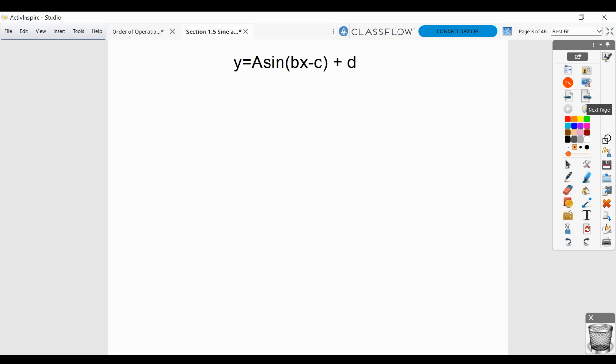This is the basic form of the equation. Y equals a sine bx minus c plus d, and the a, b, c, and d all mean something. So the A is the amplitude.